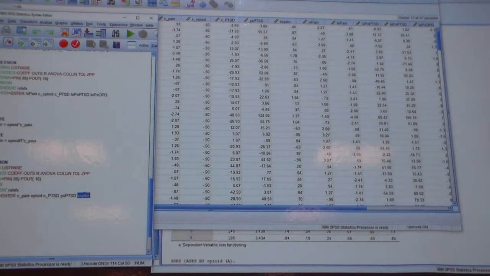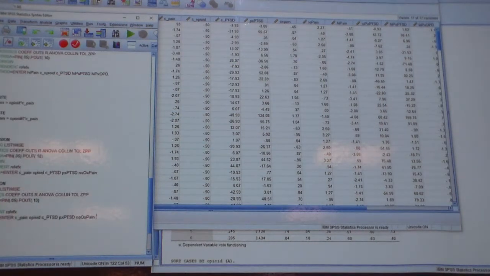Remember, this was originally centered opiate use and pain. I'm going to plug in my new term corresponding to when opiate use is coded 0, 1, and plug that interaction term in. And then take this and paste this down again. Okay, and this is going to be opiate R, where people who are using opiates are now coded 0, and plug in my new interaction term that I've created with that recoded opiate use.